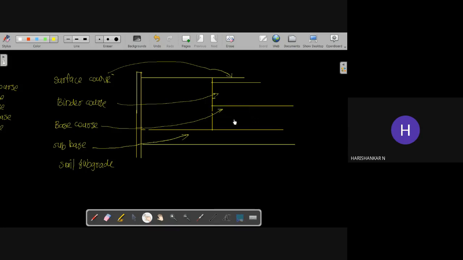Like this you can provide. So in this way you can have different layers. So subgrade means it is the soil, and here you can see various layers.